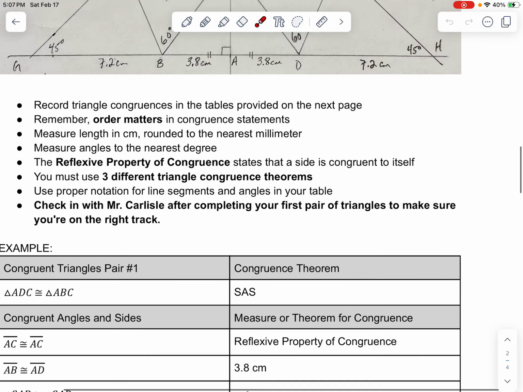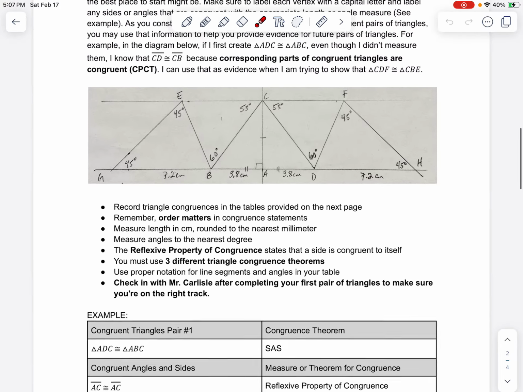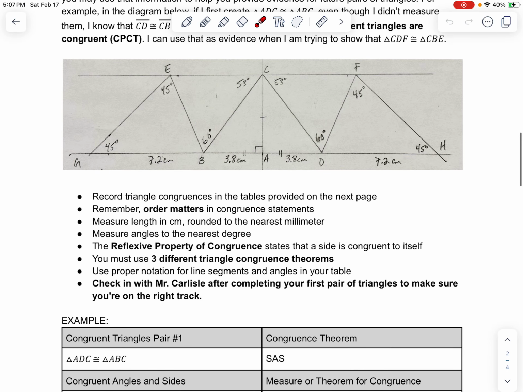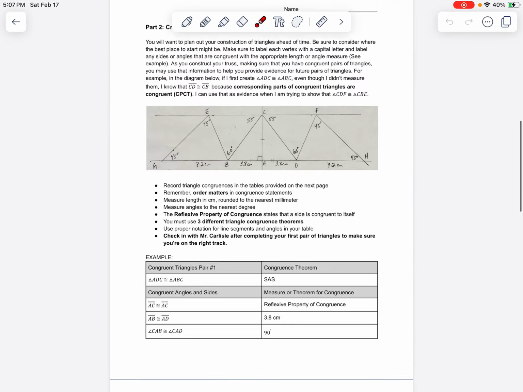So let's just get into it. Let me show you an example of how I would start this construction. Thinking about where you're going to start is very important. I recommend that you start from a center line and then build out. If you start on an edge and make this triangle, then this one, then this one, it's going to be really challenging to make sure that everything matches up and is congruent.